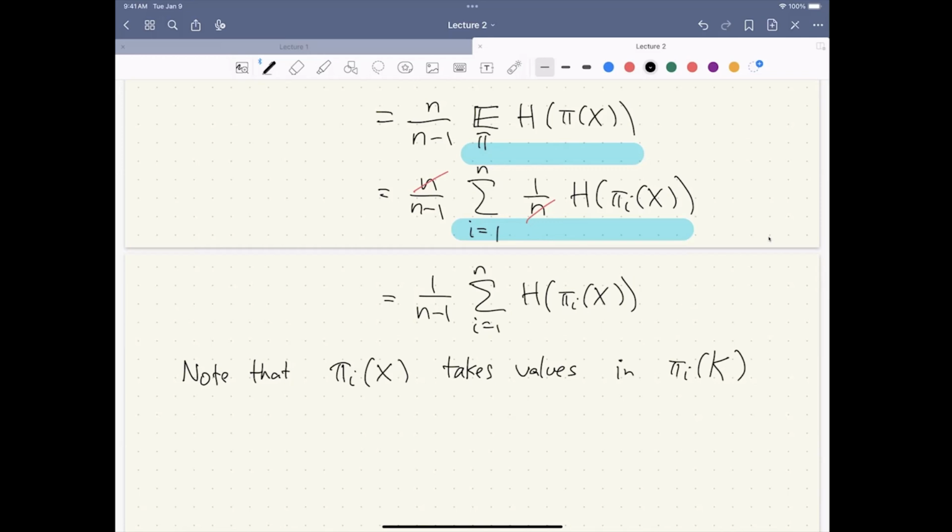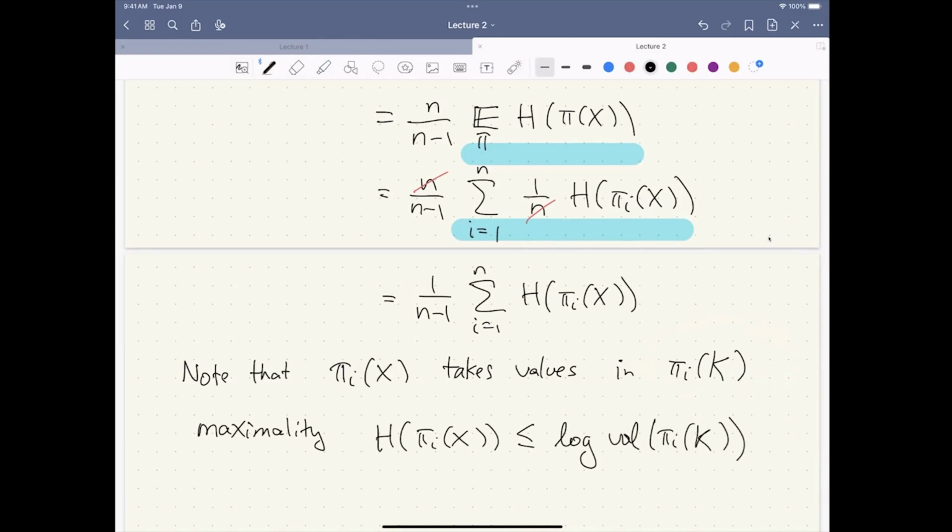Pi I x takes some value over the projected body pi I K. Trivial. Then by maximality, we know that the entropy of this random variable, since it takes value in this set, is no more than log base 2 of the volume of this projection. Plug it up there, we are done.